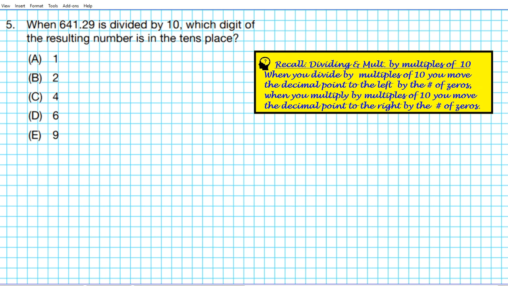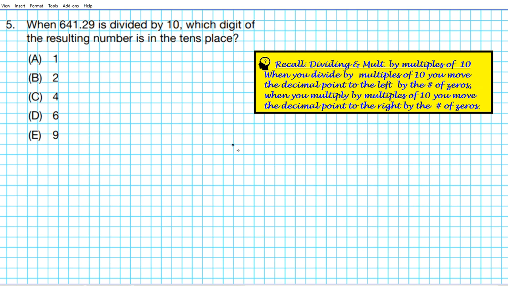It reads, when 641.29 is divided by 10, which digit of the resulting number is in the tens place? Now, something to recall when dividing numbers by multiples of 10 is that the decimal point moves either to the left or to the right by the number of zeros that that multiple of 10 has.